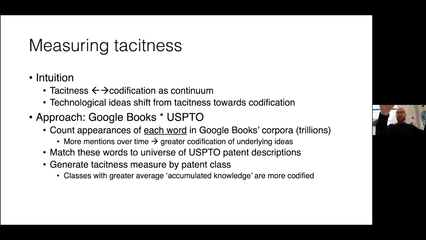Well, we're matching words from Google Books to those patent descriptions. And then we are aggregating up to the level of patent classes. So we are measuring tacitness for each patent class, and a patent class will be more tacit if it contains patents that have words that are on average less commonly mentioned. And conversely, it will be a more codified class if it contains words that are mentioned more often.